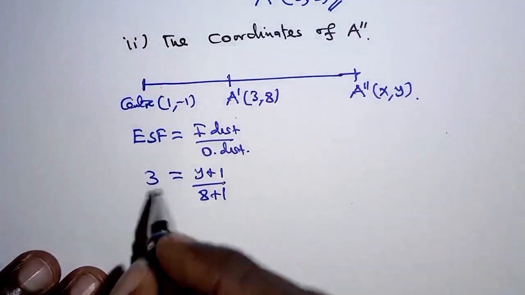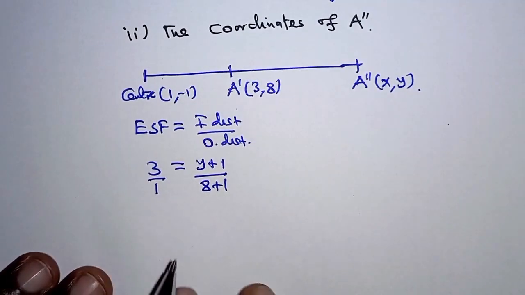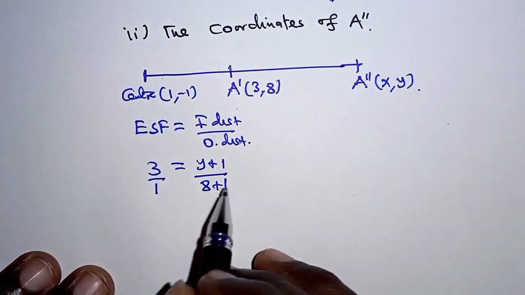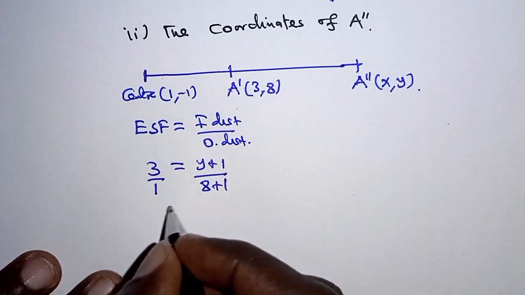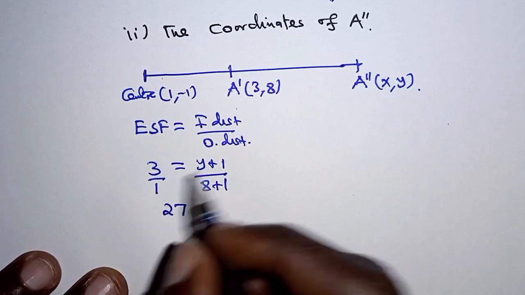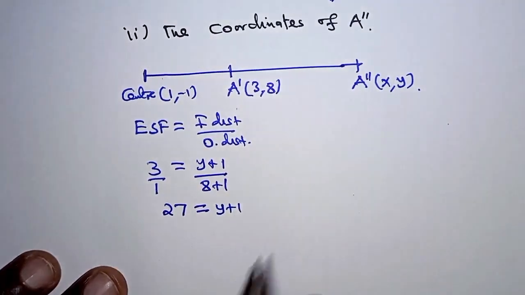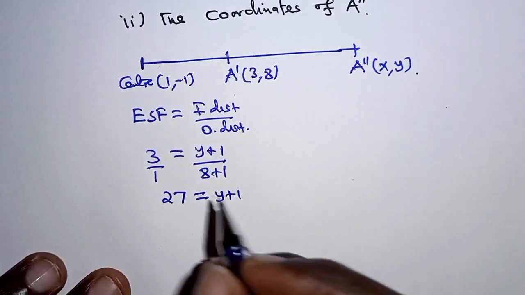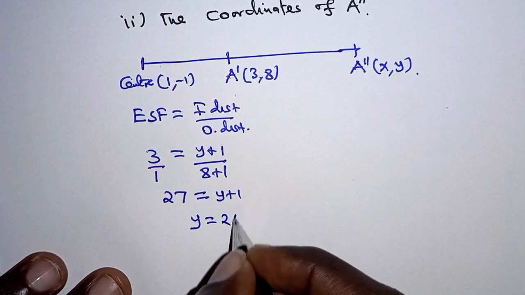So for the sake of cross multiplication, we can have this over 1, and therefore we'll have 3 times this part. 8 plus 1 is 9. 9 times 3 is 27. And that should be equal to 1 times y plus 1, that is y plus 1. When 1 comes to this side, we subtract, and therefore y becomes 26.